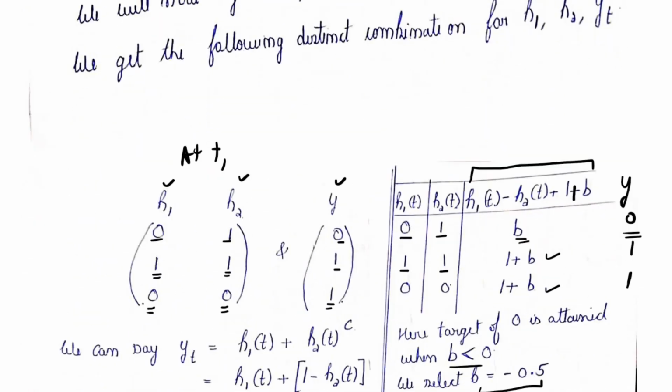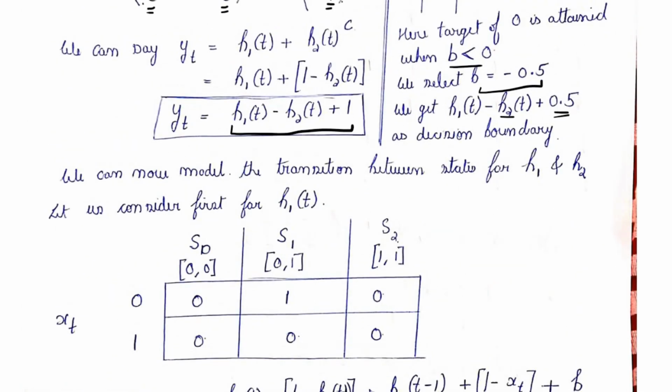For that, we create another table over here. So first we consider the behavior of h1t. Now if we are at S0 and we encounter a 0 over here, right? So we are going to be pushed to 0 comma 1, and for the sake of simplicity I paste the diagram again. So yeah, we were at state S0, which was 0 comma 0.